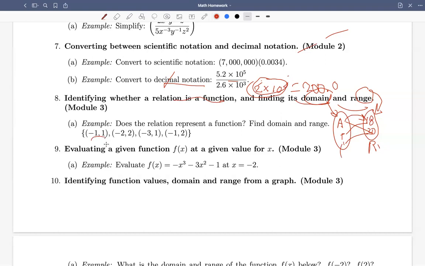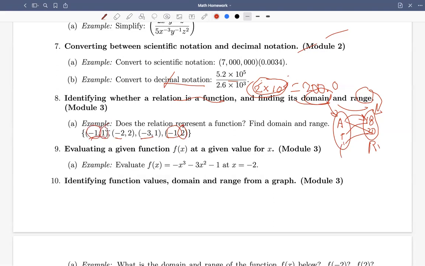Let's check this relation, which is a set of 4 points. Let's look for the same first member. We have -1, -2, -3, then -1 again, right? So -1 is mapped to 2 for this point, but then -1 is also mapped to 1.